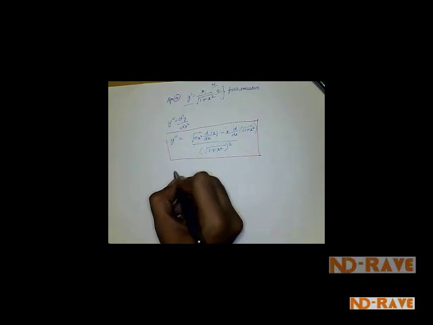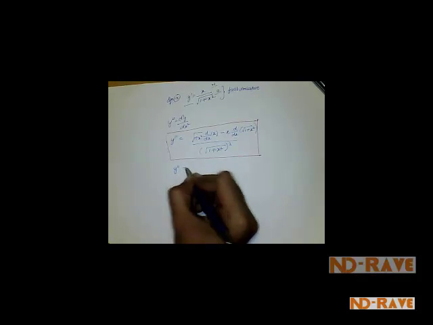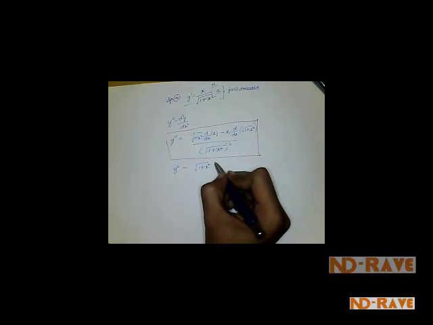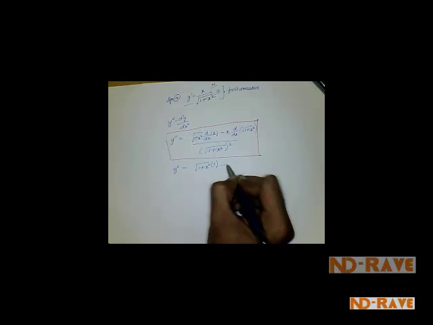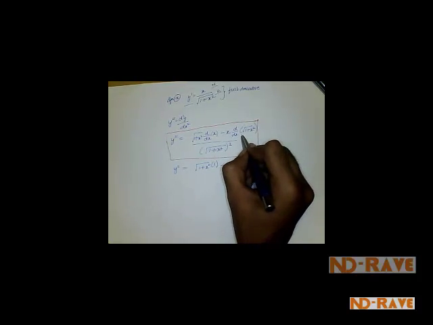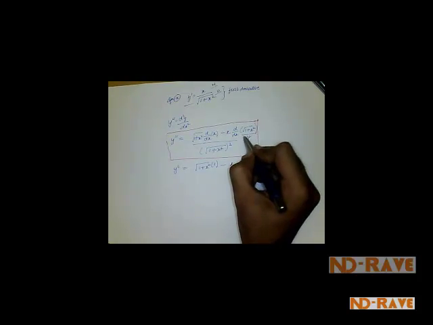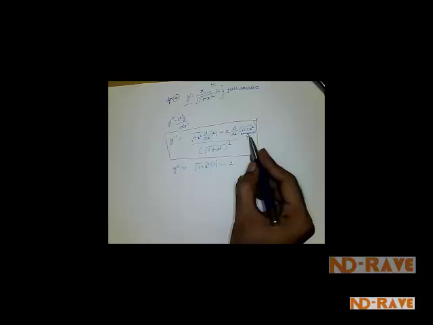So what does this result in? y double dash is equal to root of 1 plus x square, and everyone knows the differential of x is nothing but 1, minus x. You can note here, this is nothing but the given function y.